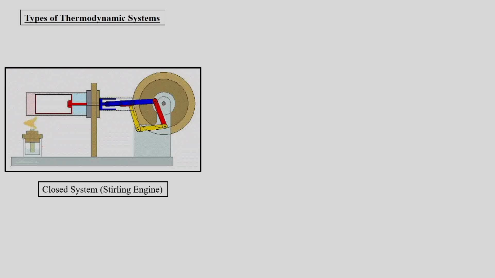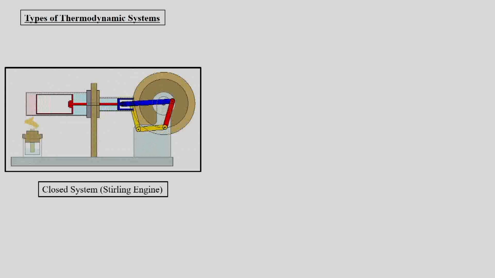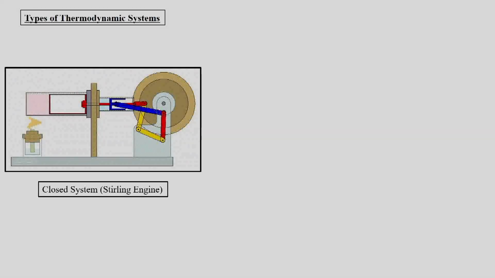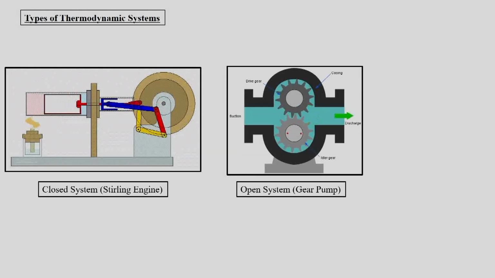In this case heat is supplied to the system, which is a closed system, where we do not have any interaction other than energy. An example of a closed system is the pressure cooker we saw in the last figure, or, as shown in this example, a Stirling engine.